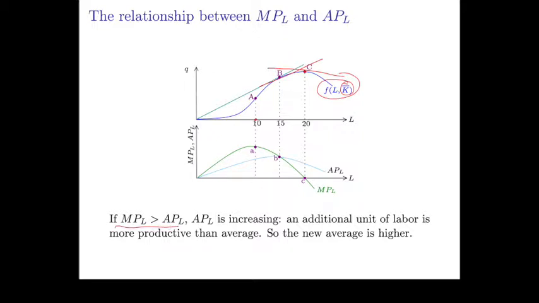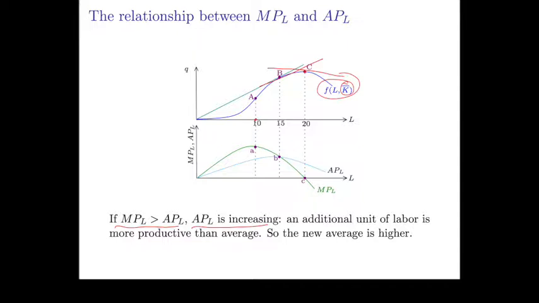So if I use one more unit of labor, the extra output I'm going to get is greater than the average I'm getting on the previous units of labor I was using. Well, what's that going to do to the average? It's going to increase the average, right? If I add to a set of numbers a number that's bigger than average, and I take the new average, it's going to increase. Adding something that's above average is going to improve the average.